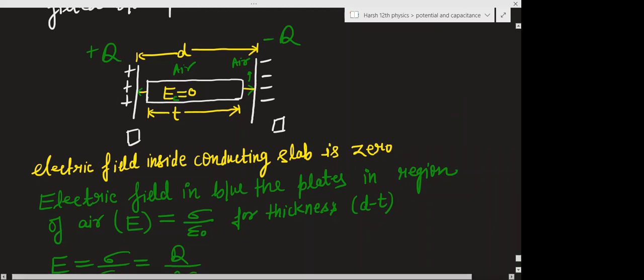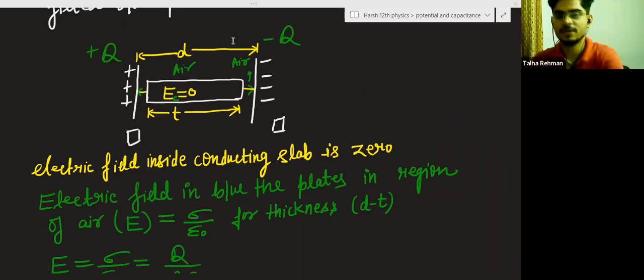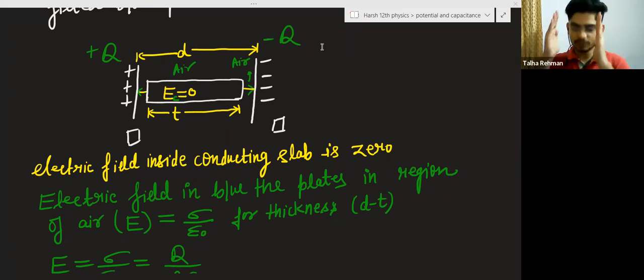Have you understood how I have done this? This is nothing, just you have to think, you can imagine. Please see here: these are the two plates, and in between these two plates I have placed a conducting slab.